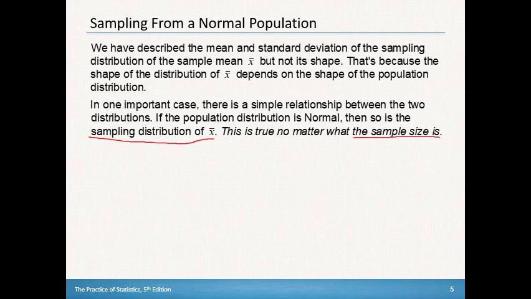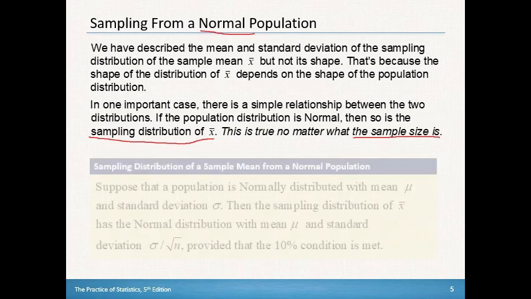So whether the sample size is large or small, the sampling distribution will be normal if we are sampling from a normal population. That's what hopefully you got from using that applet that we suggested you look at on the previous slide.